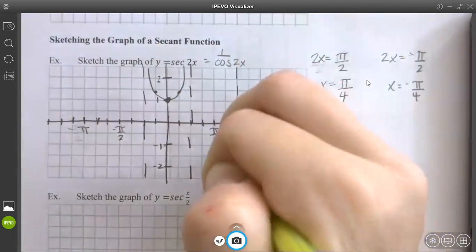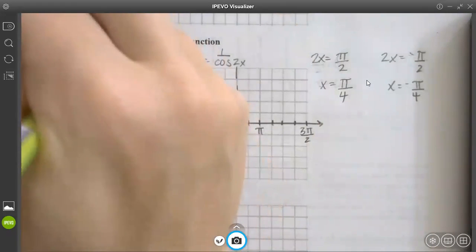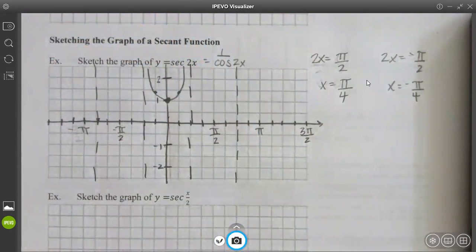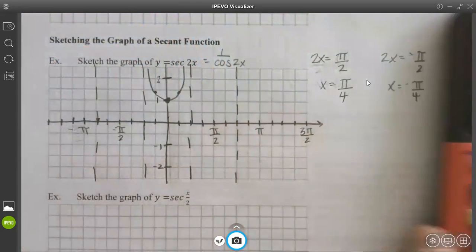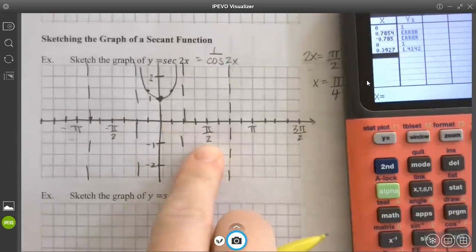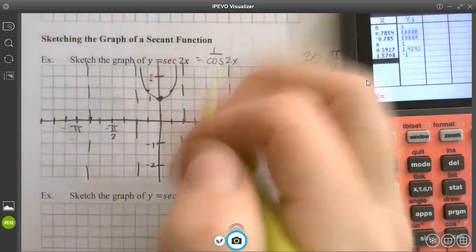My next vertical asymptote is either going to be on this side or this side. Doesn't matter which one you choose, we're going to do both of them. What's in the middle of this one? What do we get at pi over 2?